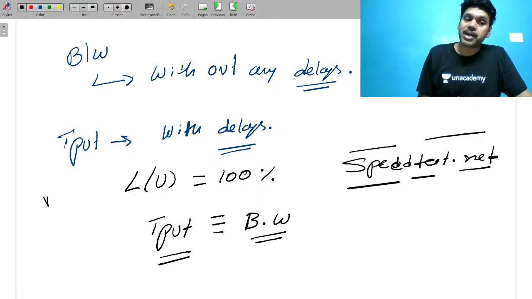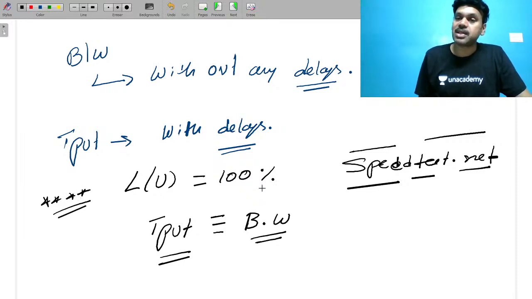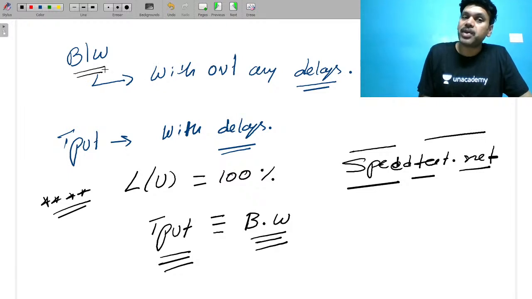So this is a mandatory requirement. If I say that your link efficiency is 100%, then I can understand that your throughput is equal to bandwidth without any doubt. Therefore, my dear friends, bandwidth is in principle the capacity, the in-principle transmission speed, and throughput is the actual transmission capacity.